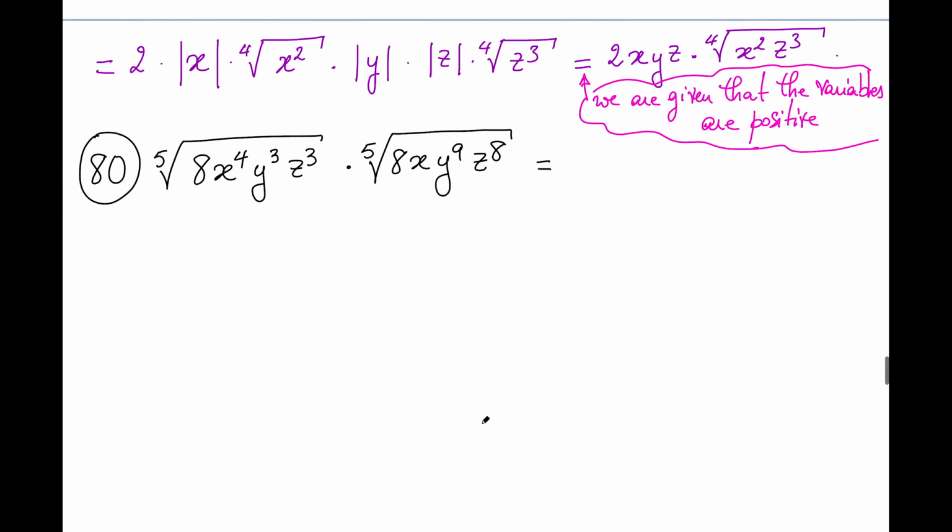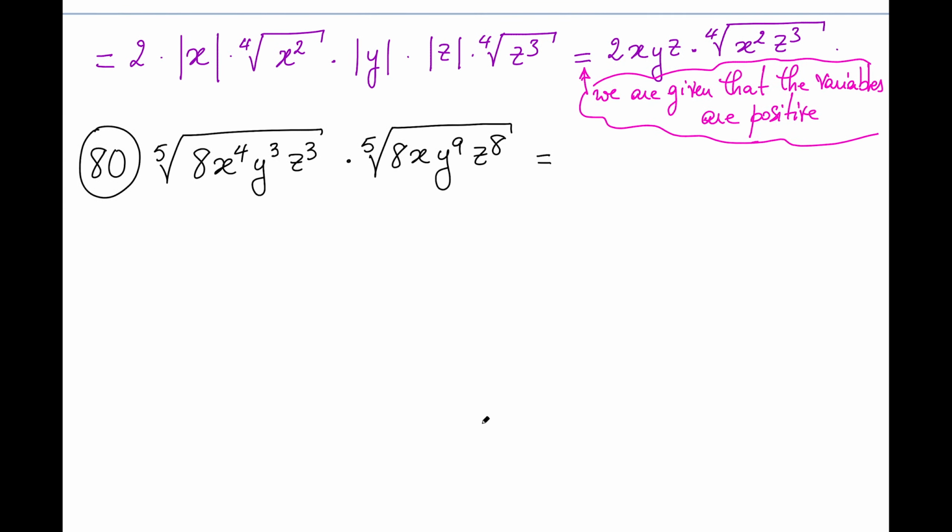And let's do the last one, which is 80. Okay. Choose brown again. Okay, so let's try to do this a little faster. So the fifth root of, I'm using the product rule for radicals.